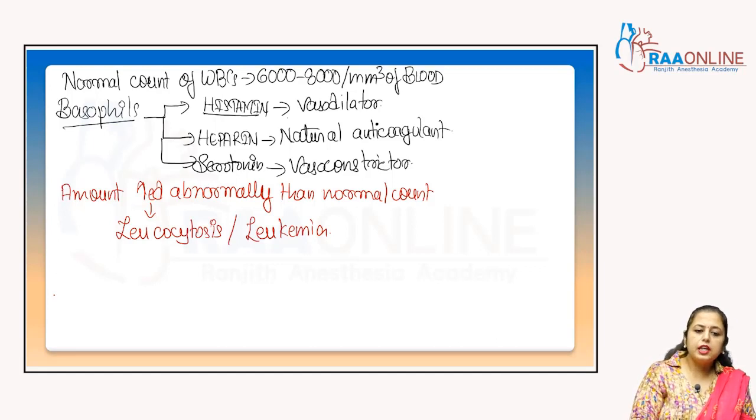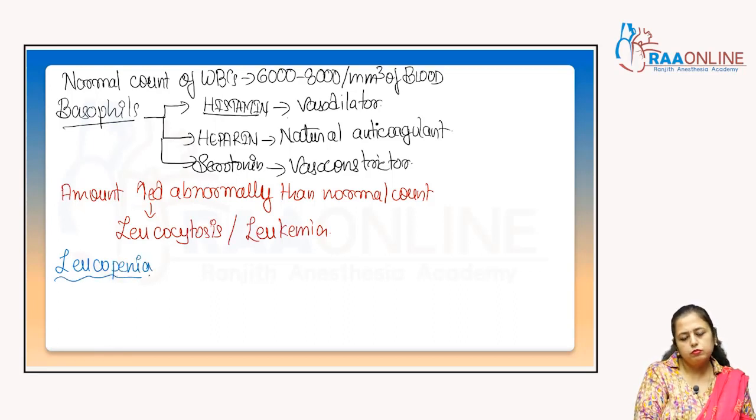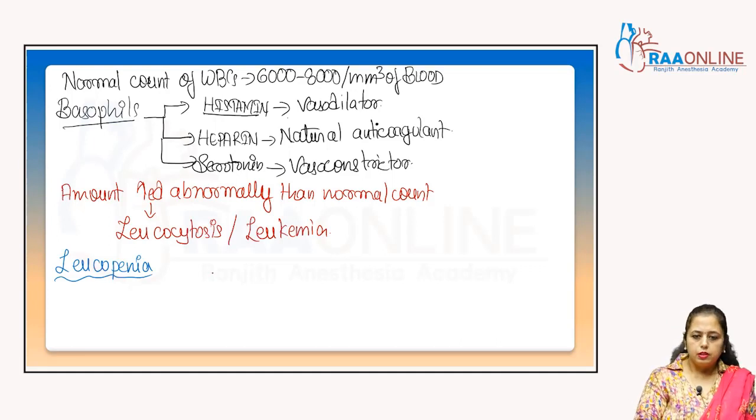And if the amount of WBC is less than the normal count, then it is called leukopenia, clear? So this is all about the WBCs or the leukocytes, clear?